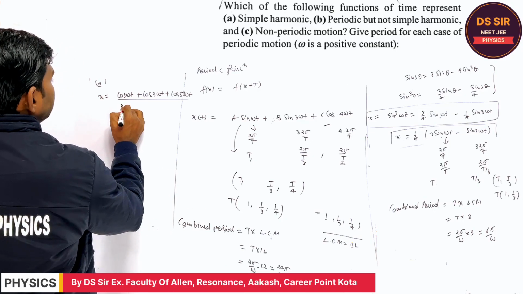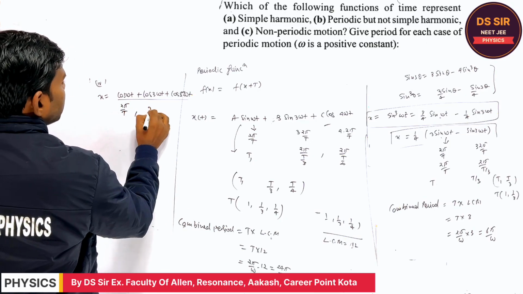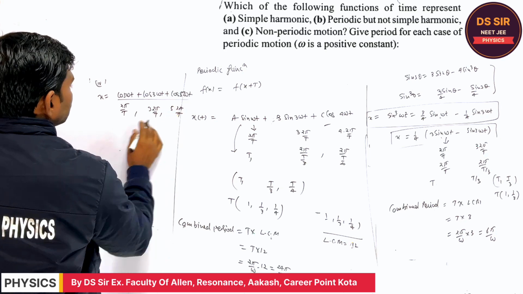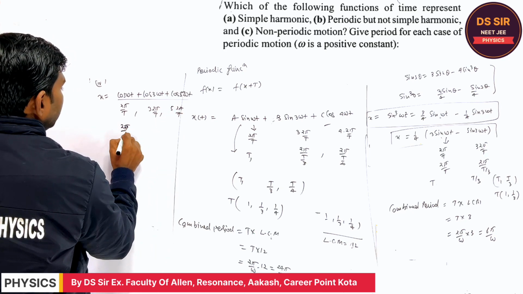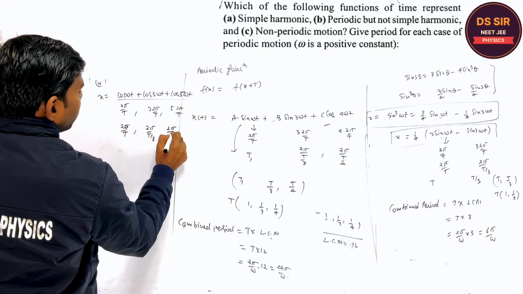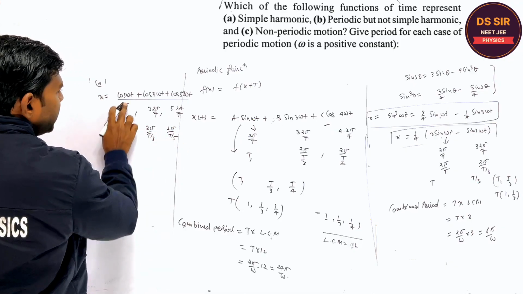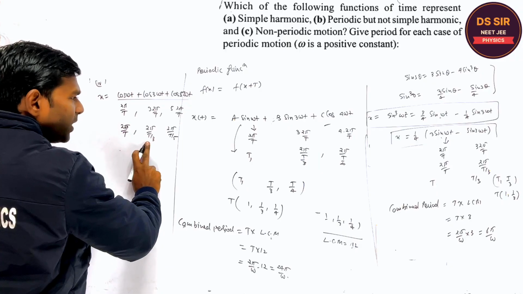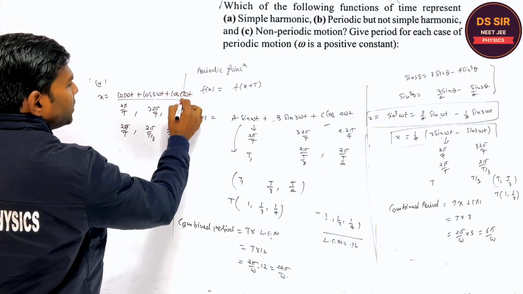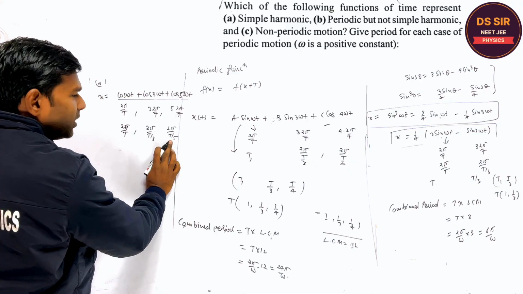Yes. So what is its period? It may be 2 pi by T, 3 2 pi by T, 5 2 pi by T. So it may be written as 2 pi by T, 2 pi by T by 3, 2 pi by T by 5. Its period is T. Its period is T by 3 because of triple frequency, and for 5 times frequency the time period is T by 5.